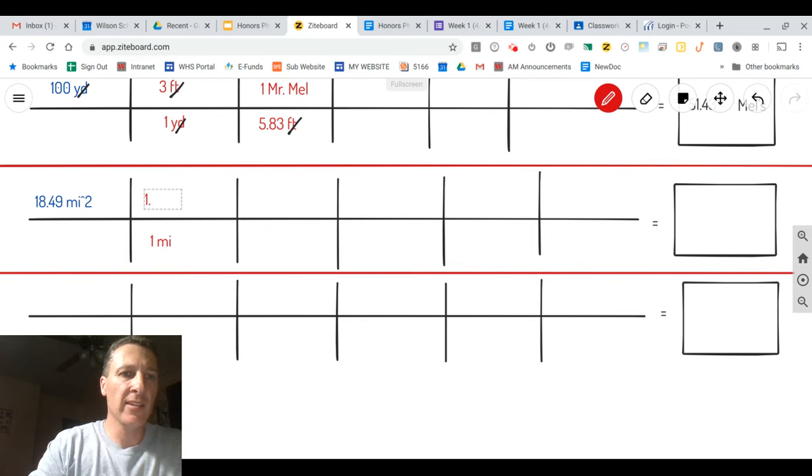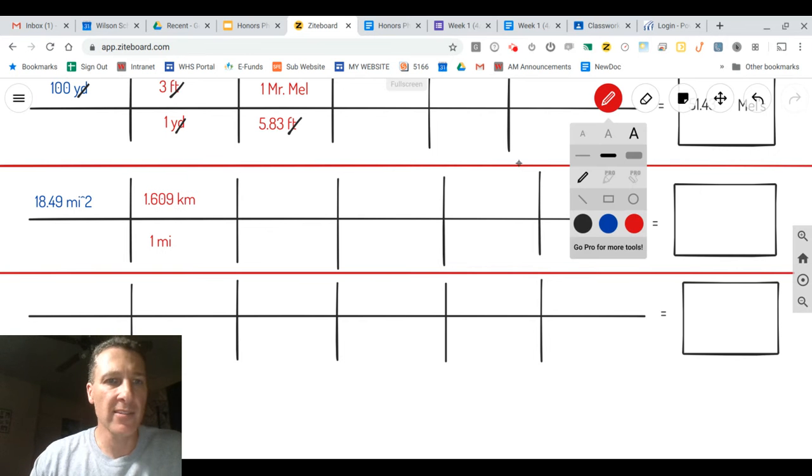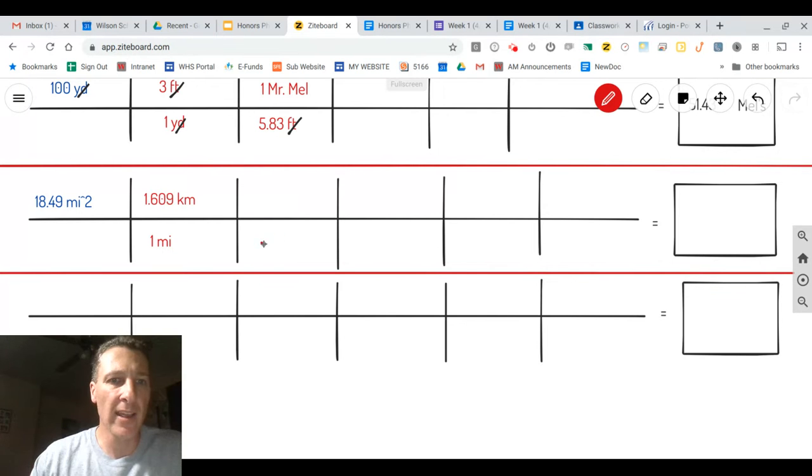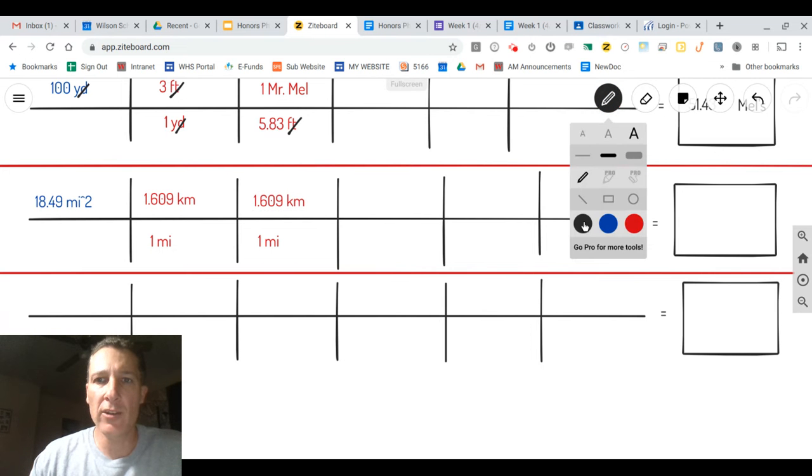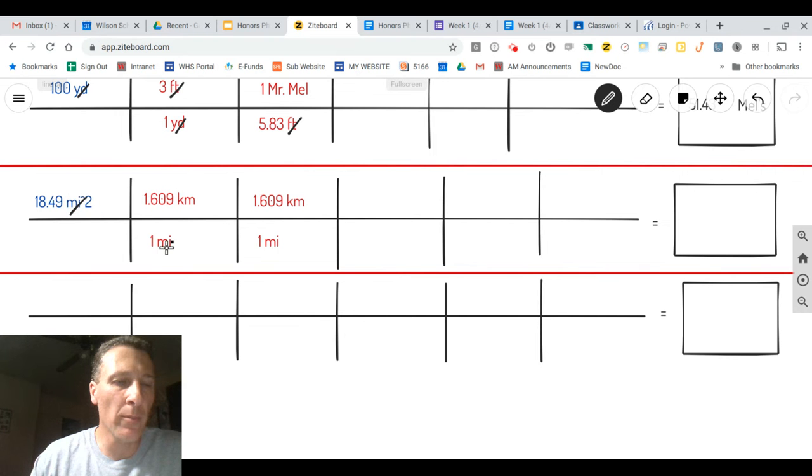In this case, if I'm changing it to square kilometers, this isn't enough, because that doesn't fully cancel out. I need another mile and another 1.609 kilometers. That will lead to the units canceling out. Square miles over square miles leaves kilometers squared left.